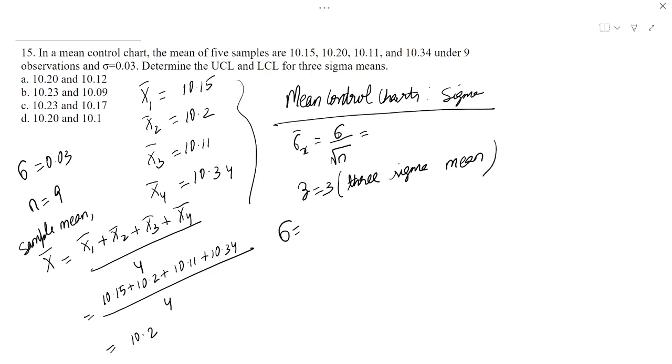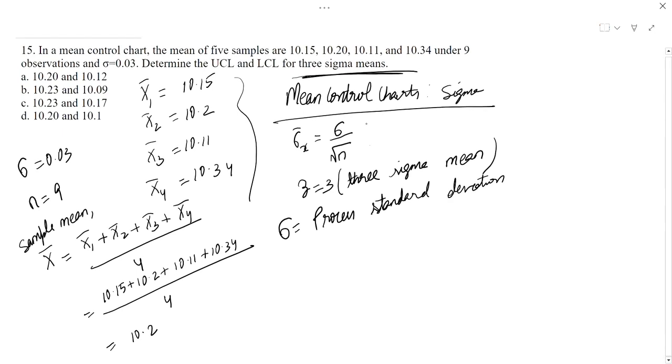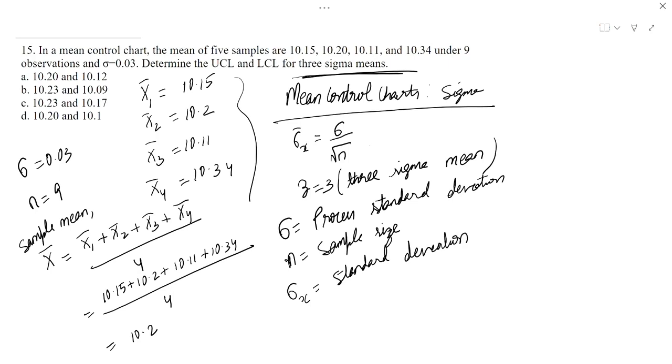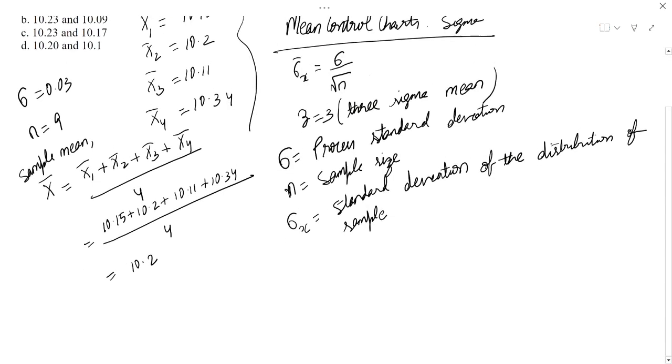Here sigma is equal to the process standard deviation, n is equal to the sample size, sigma x bar is equal to the standard deviation of the distribution of sample means, and Z is equal to the standard normal deviate.